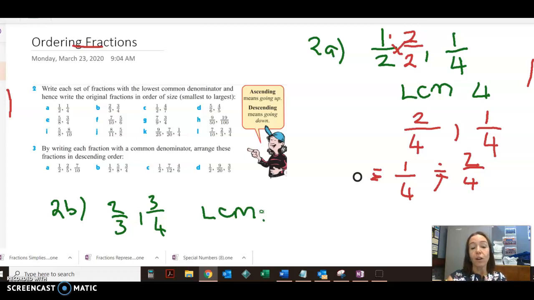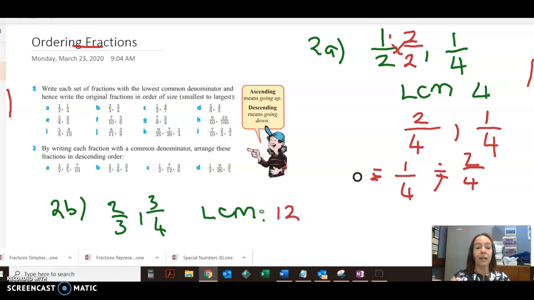So 3 obviously isn't. 6 is not in my 4 times table. 9 is not in my 4 times table. But 12 is in my 4 times table. And it's also the same as when you just multiply 3 and 4. Often, if you run out of ideas, that's a good way to go. It might not be the lowest common multiple, but it definitely will be a multiple of both. So 12 is my lowest common multiple.